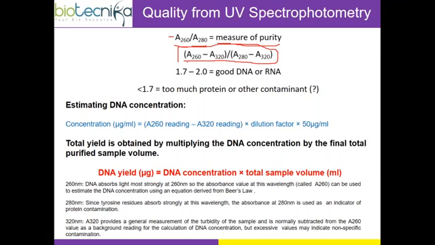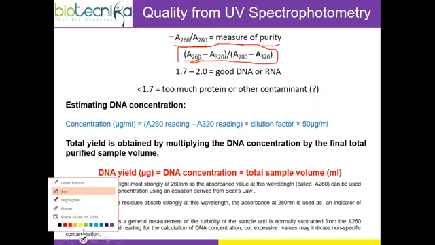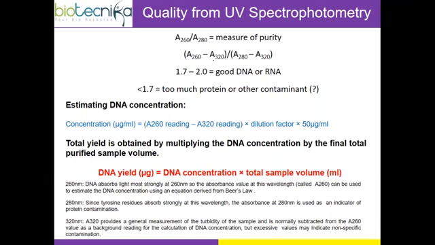Why? We know that absorption at 260 is for nucleic acid, right? Absorption at 320 mostly gives the turbidity of the sample. Normally it will be subtracted from the sample solution. Okay. 280, we know, is for protein. 320 again is the turbidity of the solution.